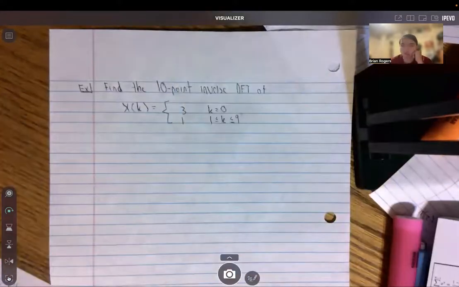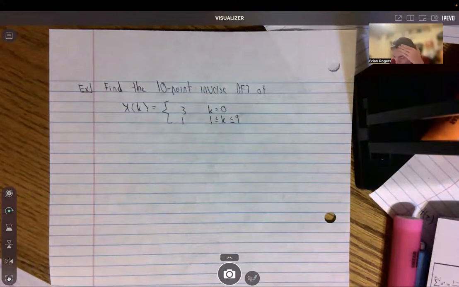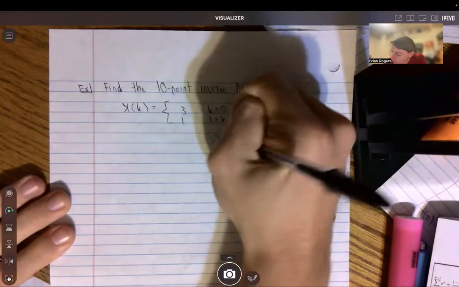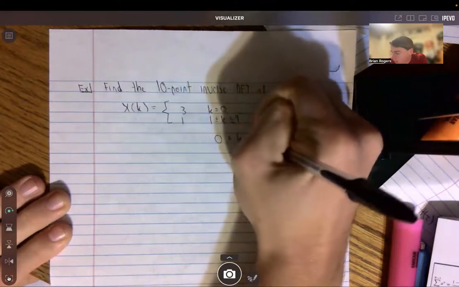Okay. So for this one, what we have to do is write x of k in terms of the delta function, from 0 to 9.